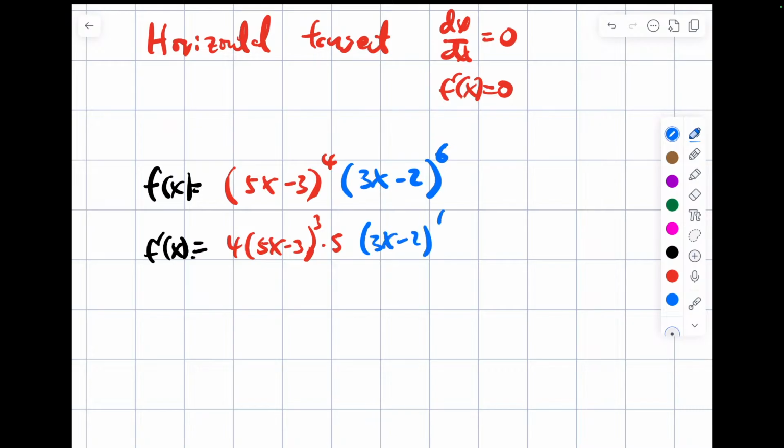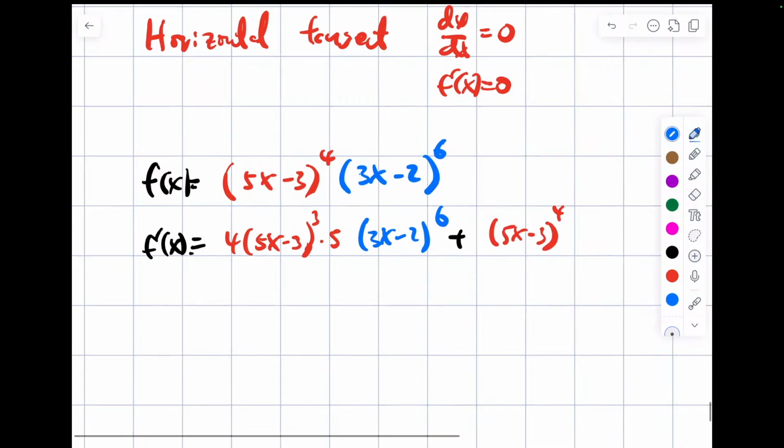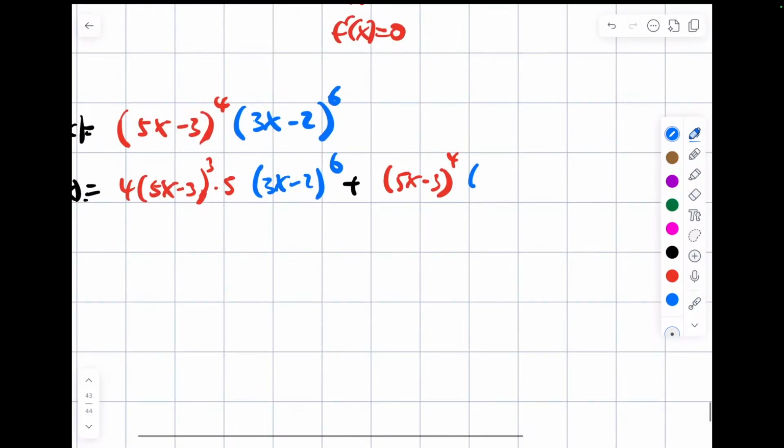Now I'm gonna leave the second one alone. I'm gonna add, and I'm gonna leave the first one alone, which is (5x minus 3) to the fourth, and take a derivative of the blue function, which is 6 times (3x minus 2) to the fifth times 3.